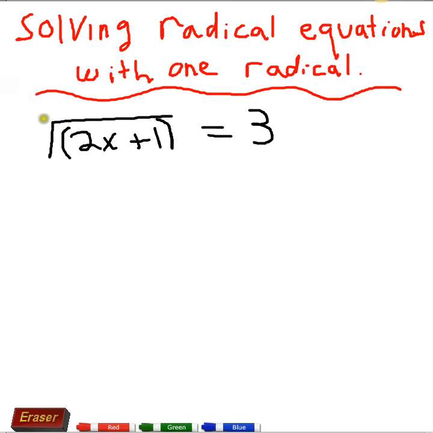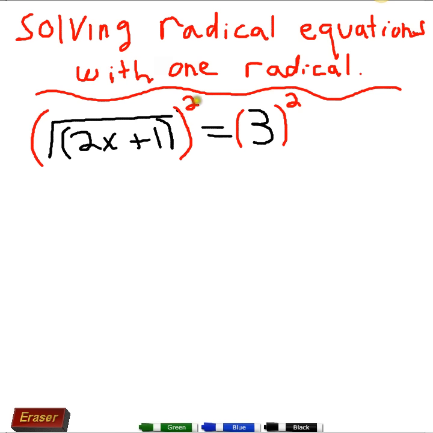So the opposite of a square root would be to square both sides. So we put parentheses around the entire left side and the entire right side, and we put a little 2 up here.